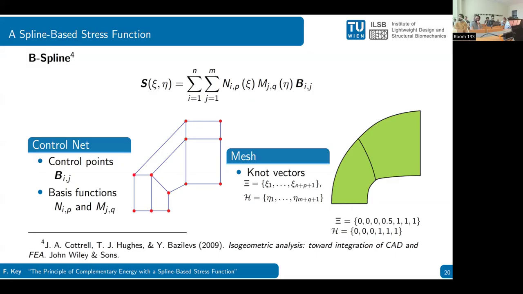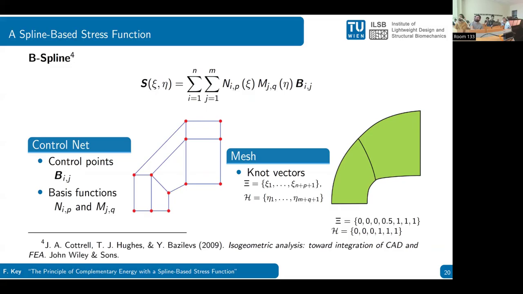If we have a knot vector in the psi direction, which is here 0, 0.5, 1, then psi will run like this, and for different values of eta it will always run from 0 to 1. For eta we have just one element, so we only have 0 and 1. So those are the two parametric directions.